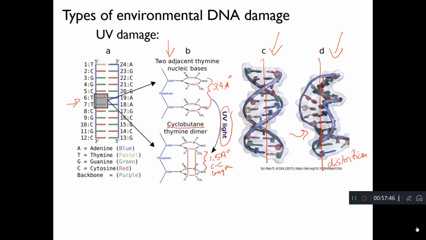Okay, so the TLS polymerase for UV prefers to insert AA opposite UV damage.